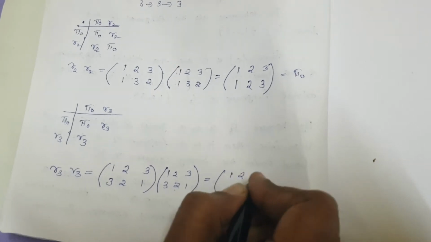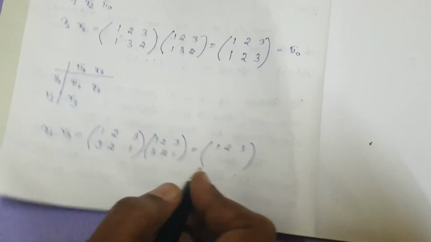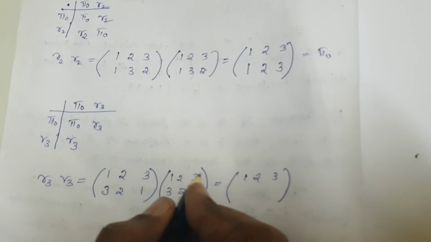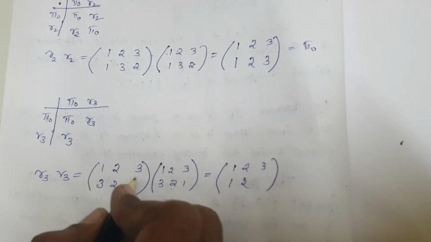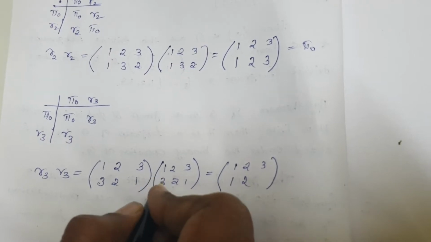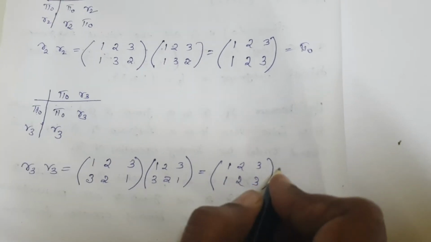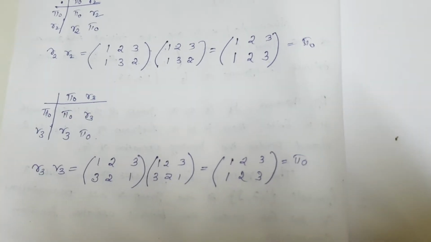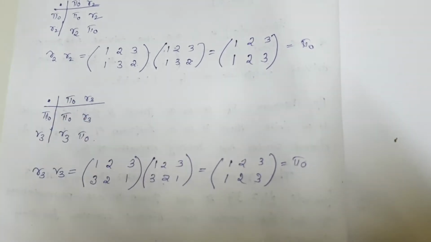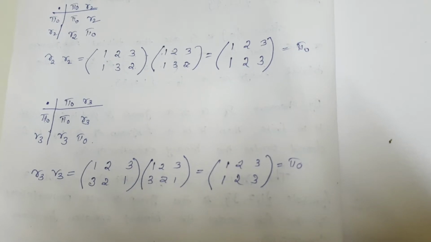So in the result, first row is same, 1, 2, 3. Second row 1, 2, 3, 3 to 1. Next 2 to 2, 2 to 2. Third one 3 to 1, 1 to 3. So which is also equal to pi naught. Therefore R3 into R3 value is pi naught, with respect to the dot operator.